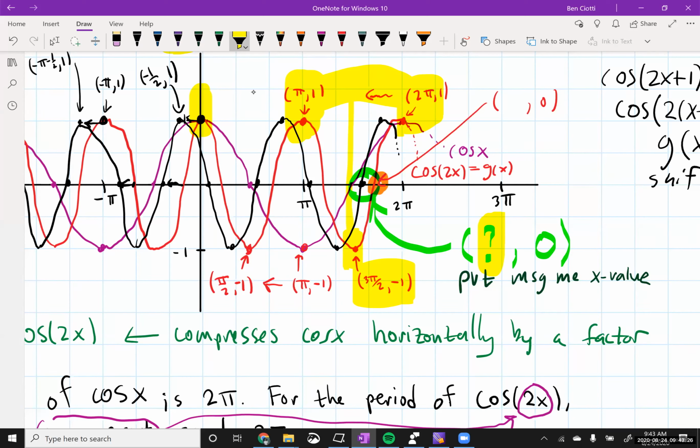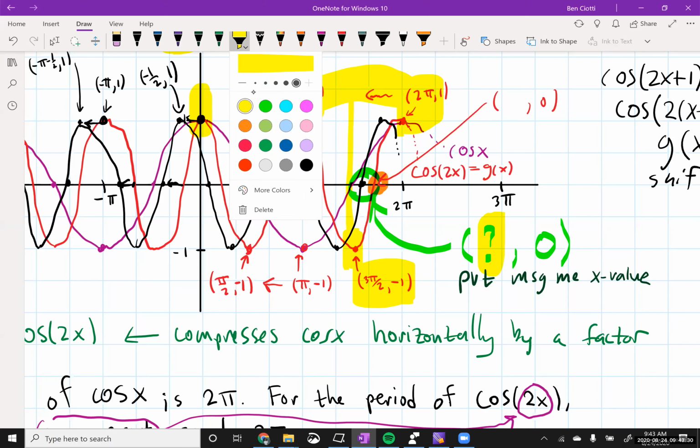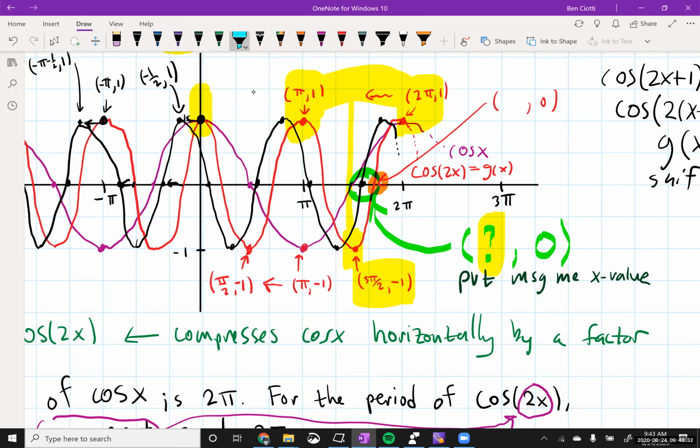Halfway between this valley and this peak is a 0, between 3 pi over 2 and 2 pi. What is that? 7 pi over 2?